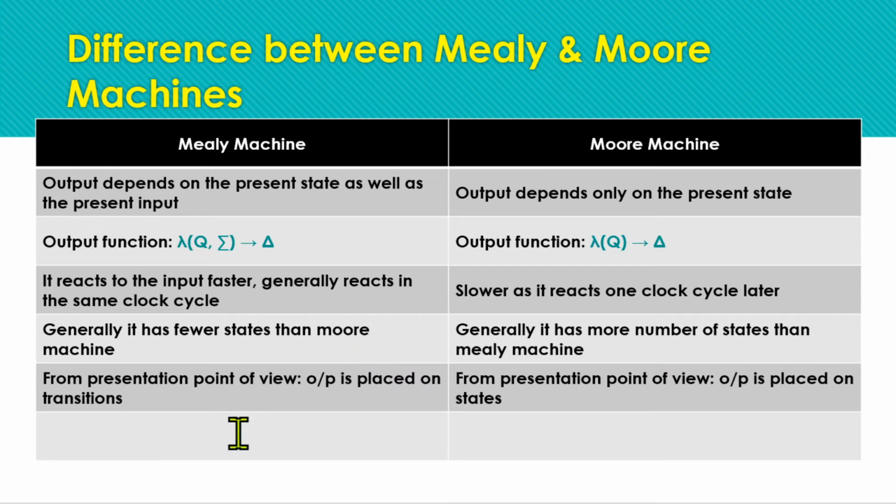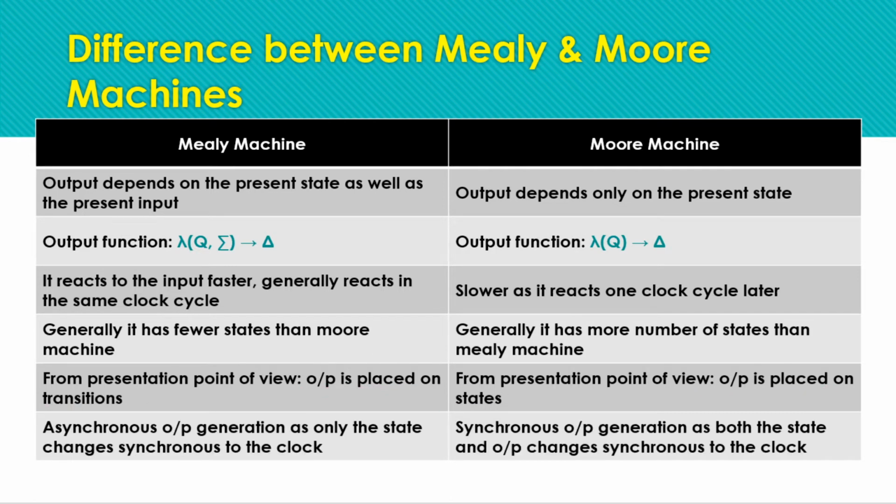Next, from the formal representation point of view, in a Mealy machine the output is placed on the transition, but in a Moore machine the output is placed on the states. Next, as we are saying that the output changes before the next clock cycle, meaning a new output is generated within the same clock cycle, we can say that Mealy machines generate output asynchronously, as only the state changes synchronously with the clock.